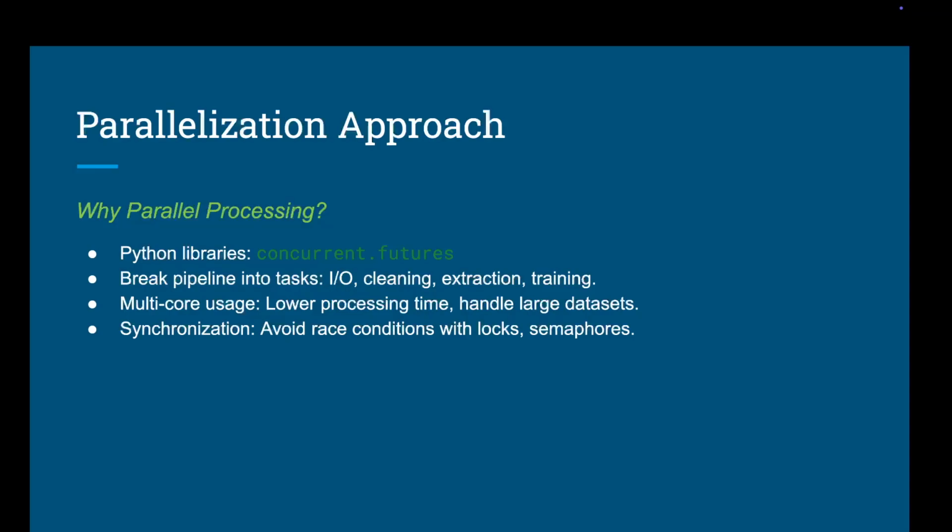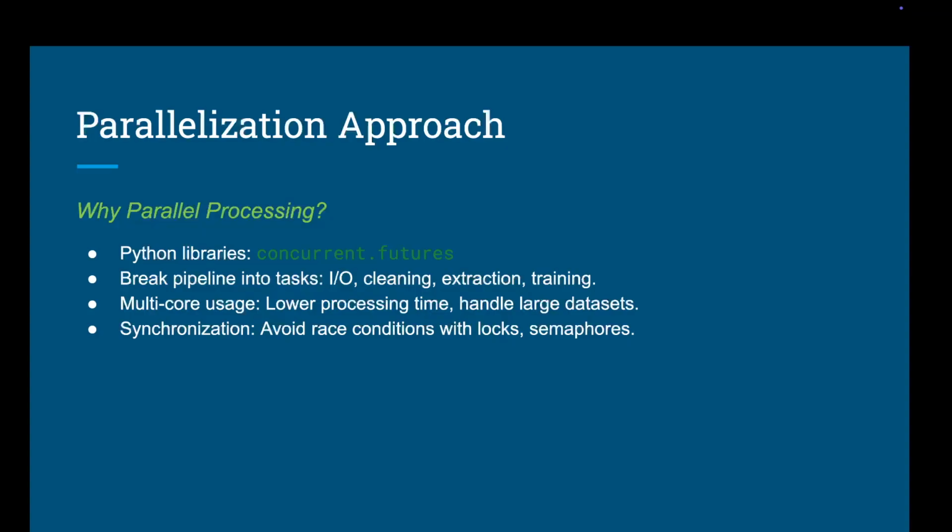Because these tasks, cleaning, loading, and feature extraction, are CPU bound, we often rely on the concurrent futures module to spawn multiple processes rather than threads, thereby circumventing the global interpreter lock (GIL) within the codebase.